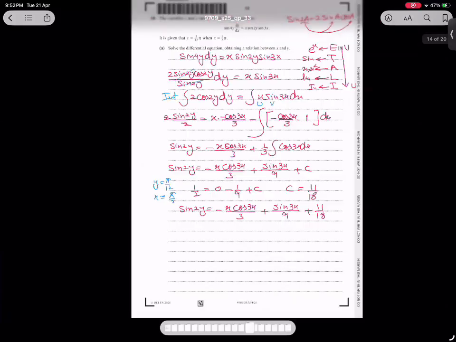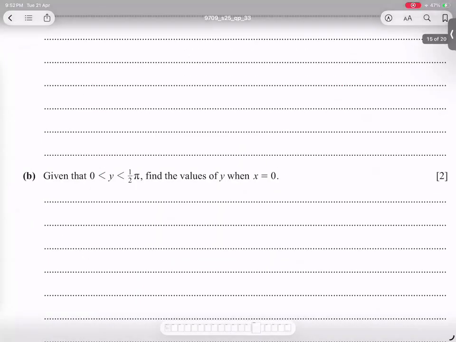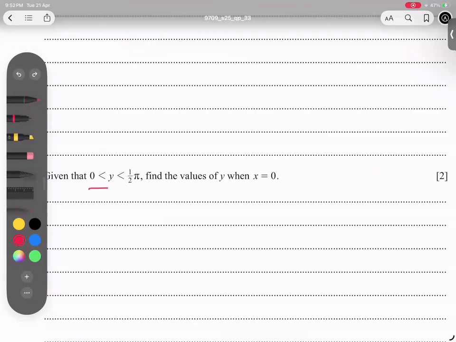And on the next page, he is asking, given that this is the y value, find the values of y when x is 0. So it means I have to plug in x equal to 0 and get the y value, but the y value must be in the first quadrant, very clearly mentioned here.